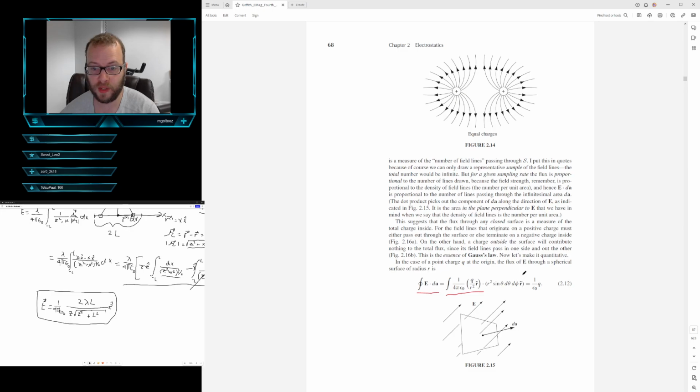So if we have the flux of E through a spherical surface of radius r, here's our surface element for a sphere in the r hat direction, for a point charge q at the origin. So this entire integral, this whole complicated thing, is equal to 1 over epsilon naught times q.